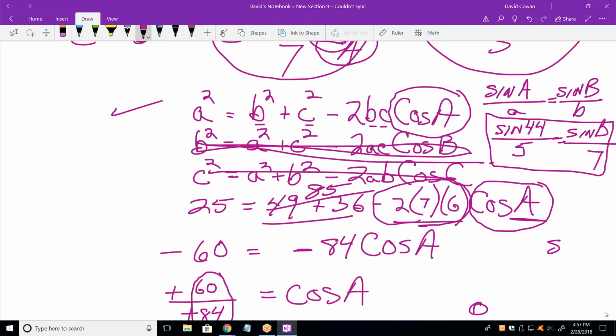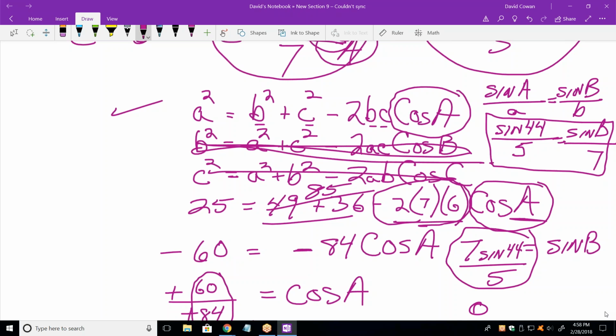So sine B equals 7 times sine of 44 divided by 5, correct? Yes. So tell me what that's equal to. In other words, once you've got the formulas, it's all algebra after that.